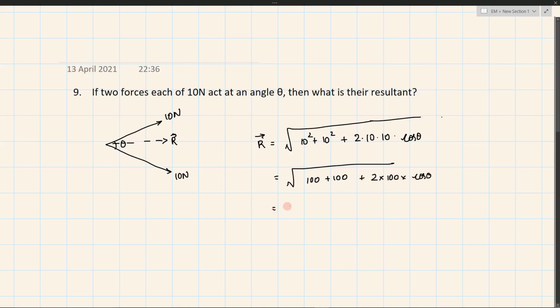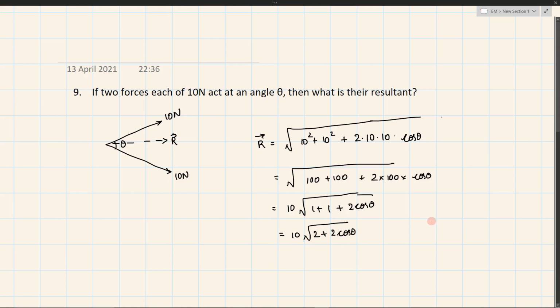So that is nothing but, if I take 100 common, square root of 100 is 10 into square root of 1 plus 1 plus 2 cos theta. So this is 10 root of 2 plus 2 cos theta.